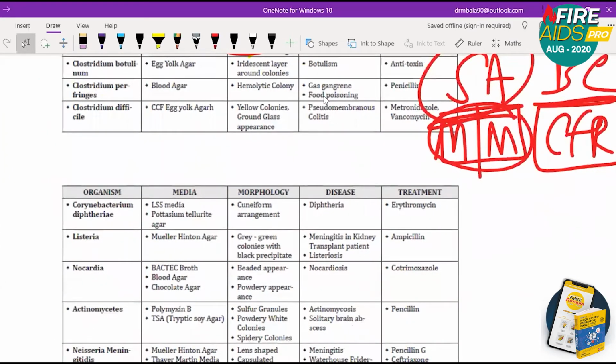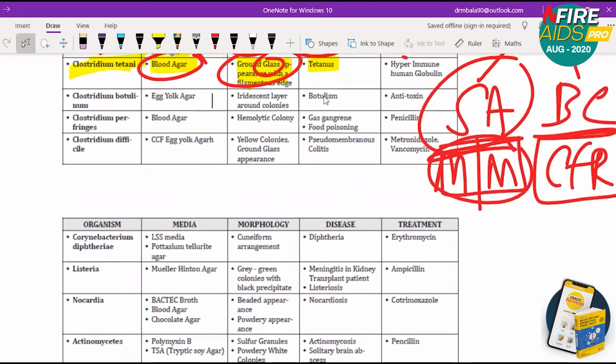Okay, very good. Now, next is Clostridium botulinum. For Clostridium botulinum, you have to remember egg yolk agar and the iridescent layer around colonies, and it causes botulism.